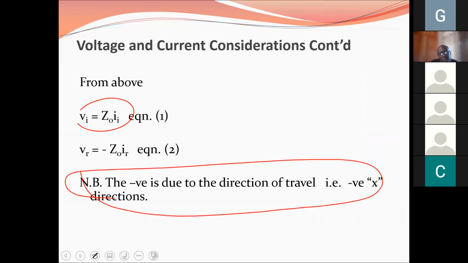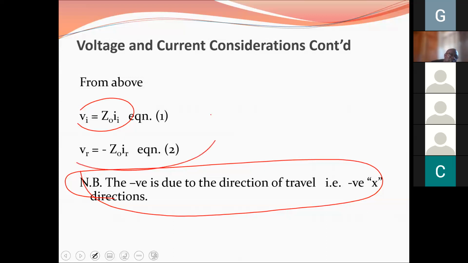So based on that, what we know is that at any point on the line, the voltage would just be the sum of the incident and reflected. And we have already established that we can have constructive or destructive interference. But what we know is that we're going to add the two voltages at any point on the line to get the voltage at that particular point. All right?